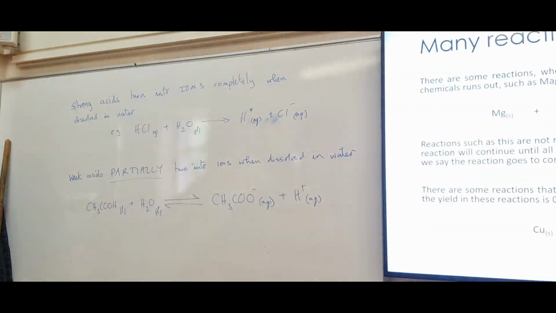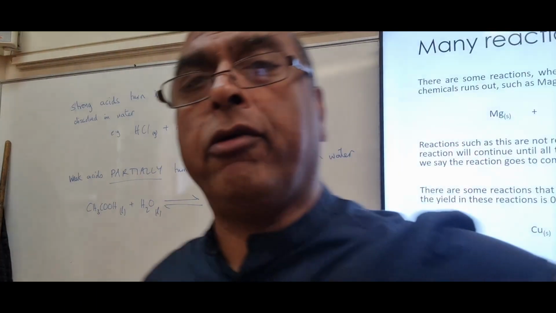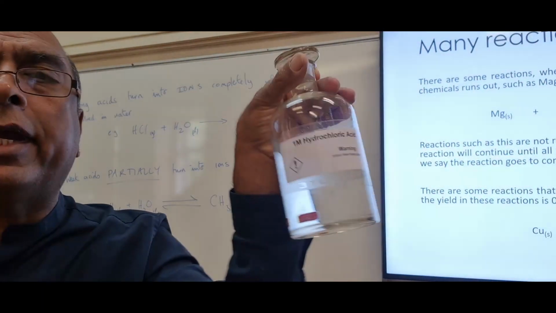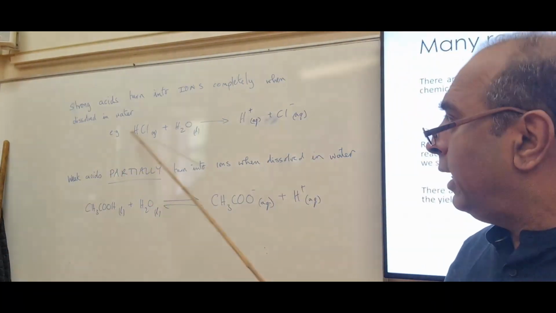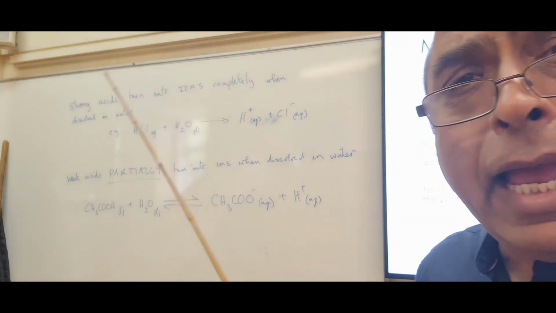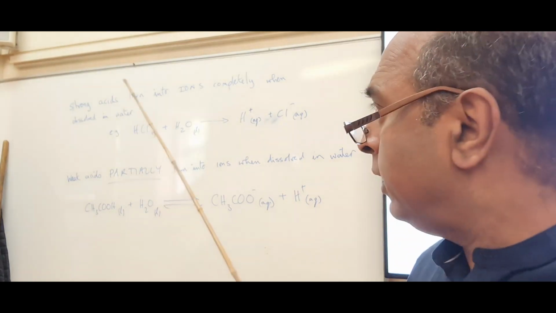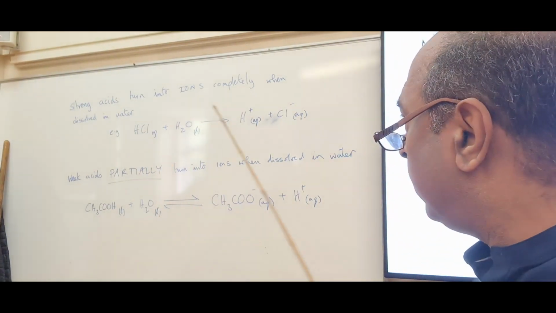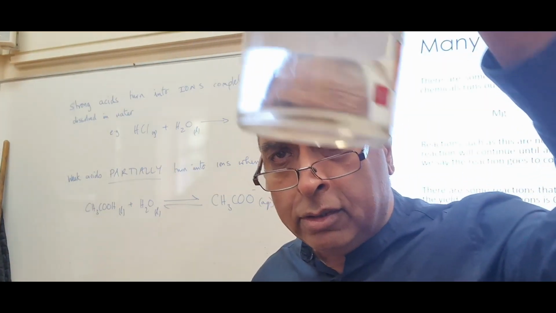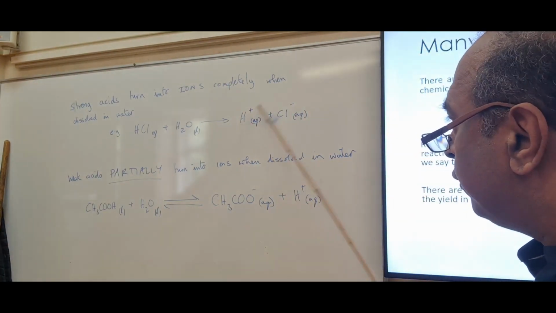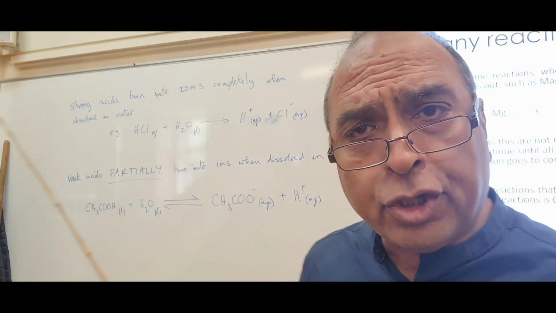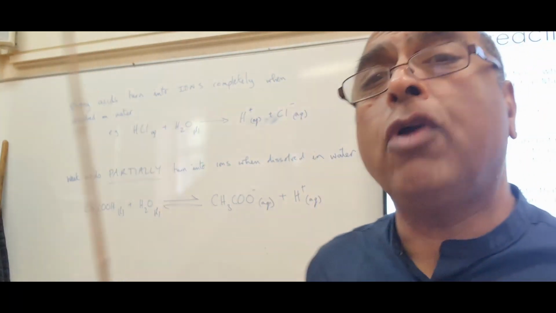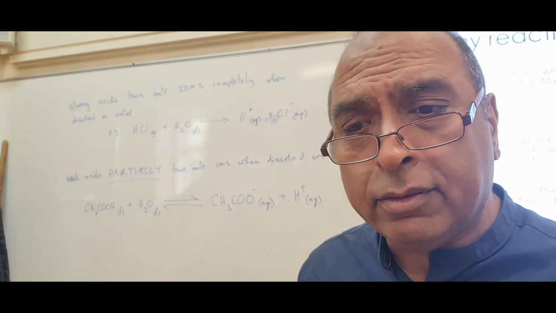And the famous example of that is hydrochloric acid. Hydrochloric acid is made by taking hydrogen chloride gas and dissolving it in water. That bottle has got those ions, and it turns into ions completely. Again, that is a reaction that goes completely. It's not a reversible reaction.